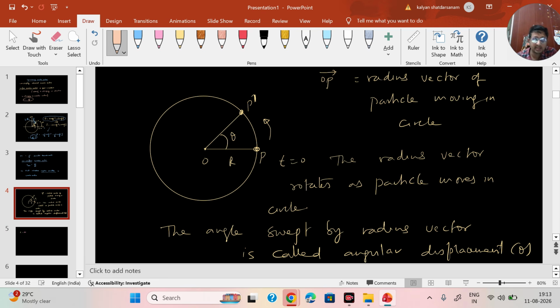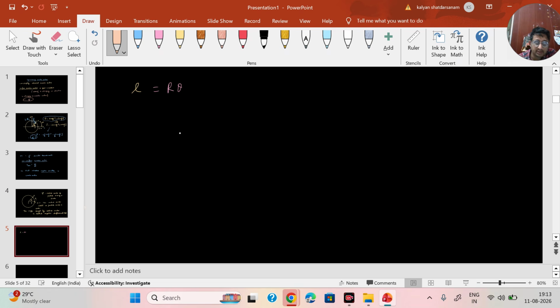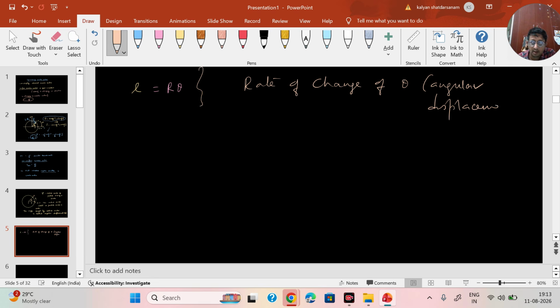Now, as the particle goes in circle, there is some speed with which it covers this angle. That speed, we call it angular speed. The rate of change of theta, where theta is our angular displacement, is called angular speed.